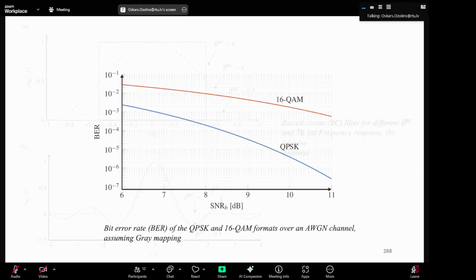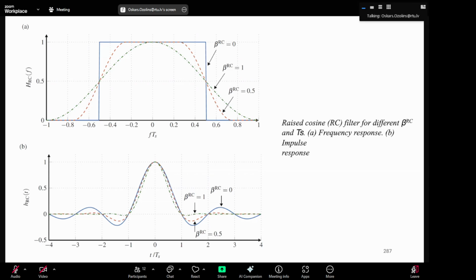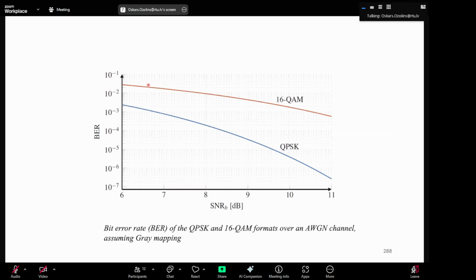So pulse shaping can be optimized for every constellation order, and this actually affects your bit error rate value, like how your bit error rate versus signal to noise ratio looks like. And also Gray mapping impacts that.